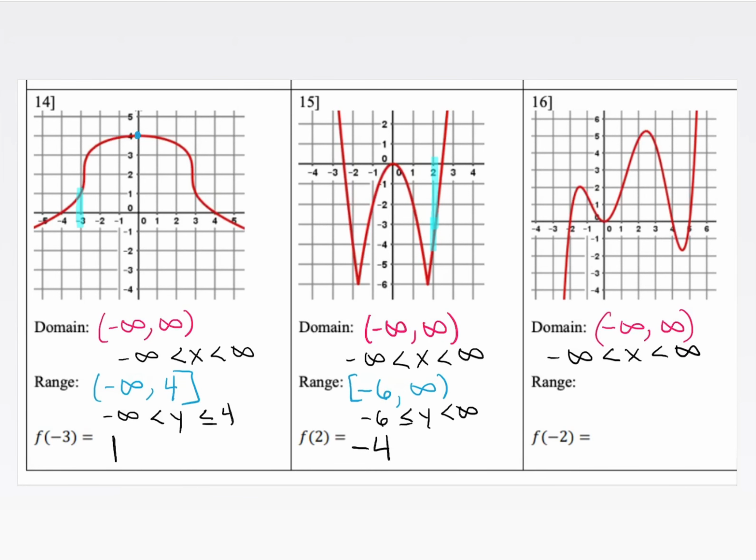For our range, our lowest possible value and our highest possible value, also -infinity to positive infinity with our parentheses. Inequality notation, we have -infinity is less than y, which is less than positive infinity. When x is -2, right here we know that our y value is 0.